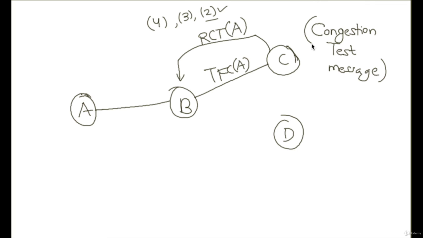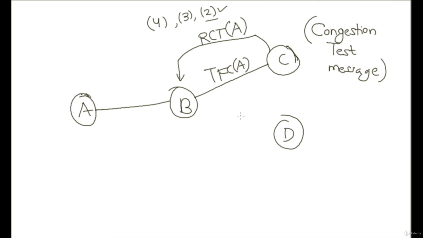But the congestion test message is a bit typical here because there are several priorities of congestion, and the node has to judge each and every priority by sending periodically each and every priority RCT message, till it gets back the transfer control message from the original point.